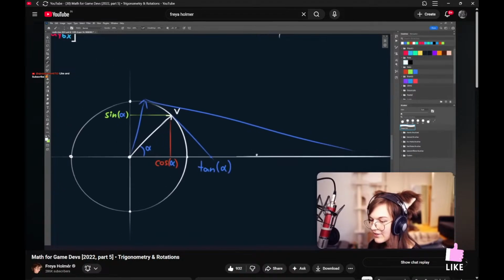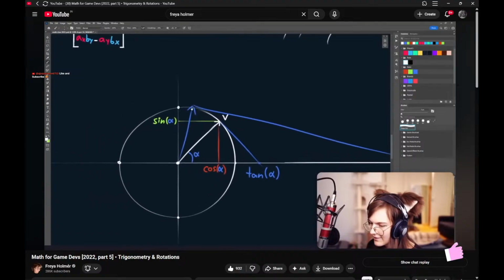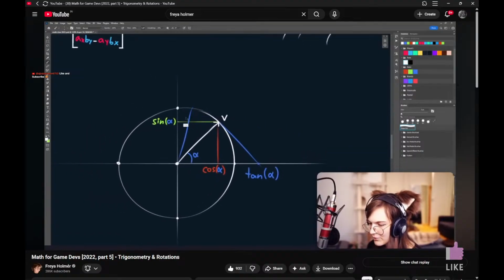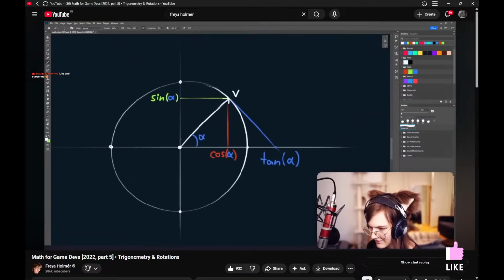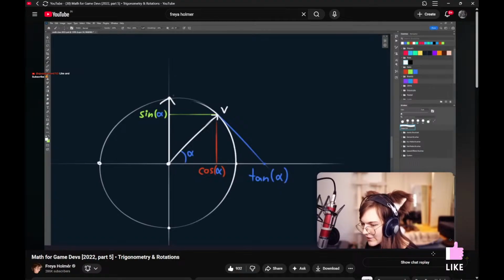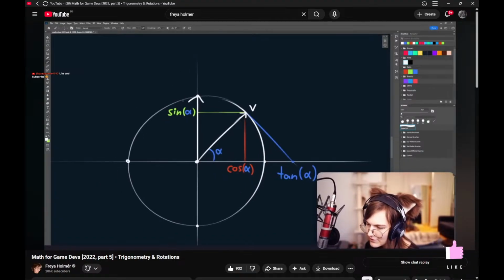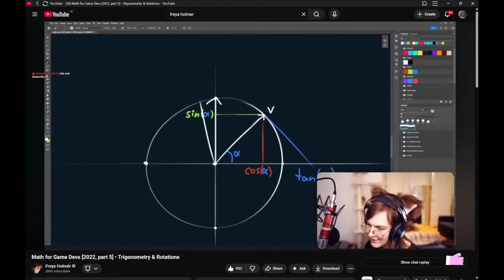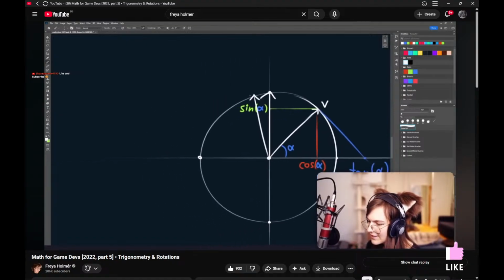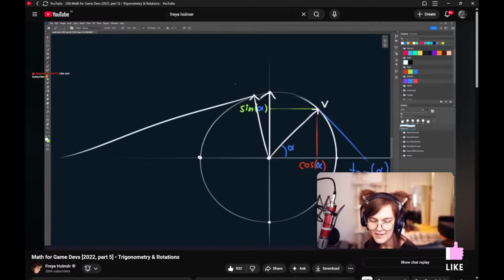So then it's just a very huge value. And as you hit pointing directly upwards, the tangent is actually undefined. The tangent goes to positive infinity here. And then when you flip over to the other side, you get the same length, except it's a negative value.